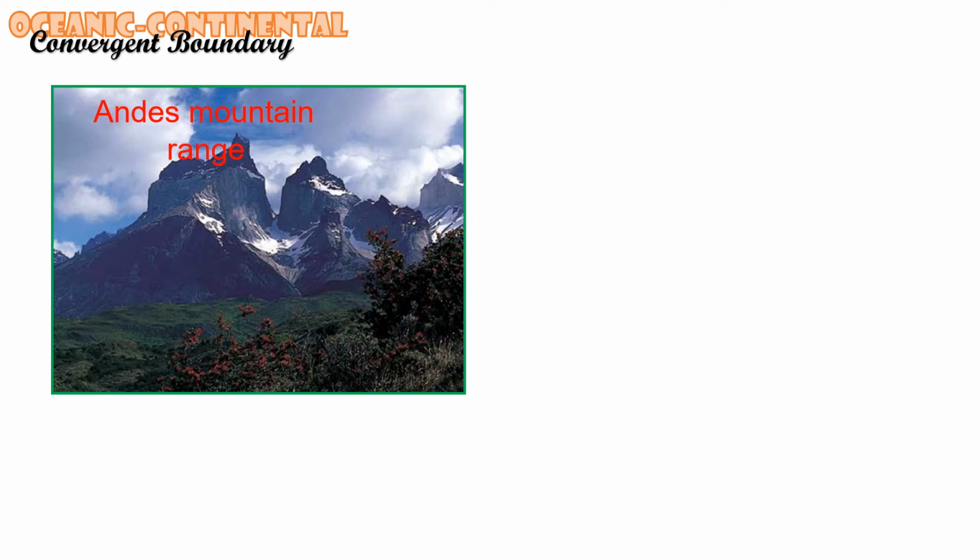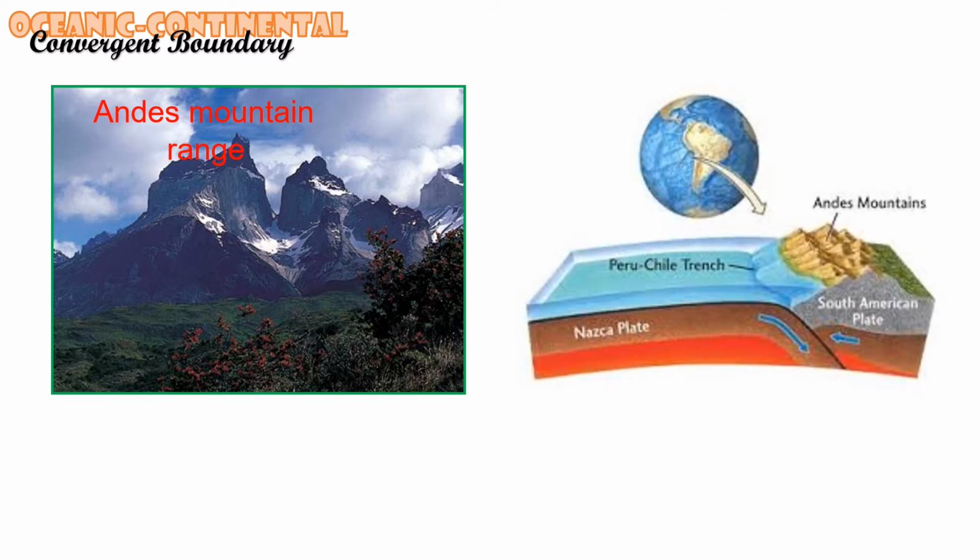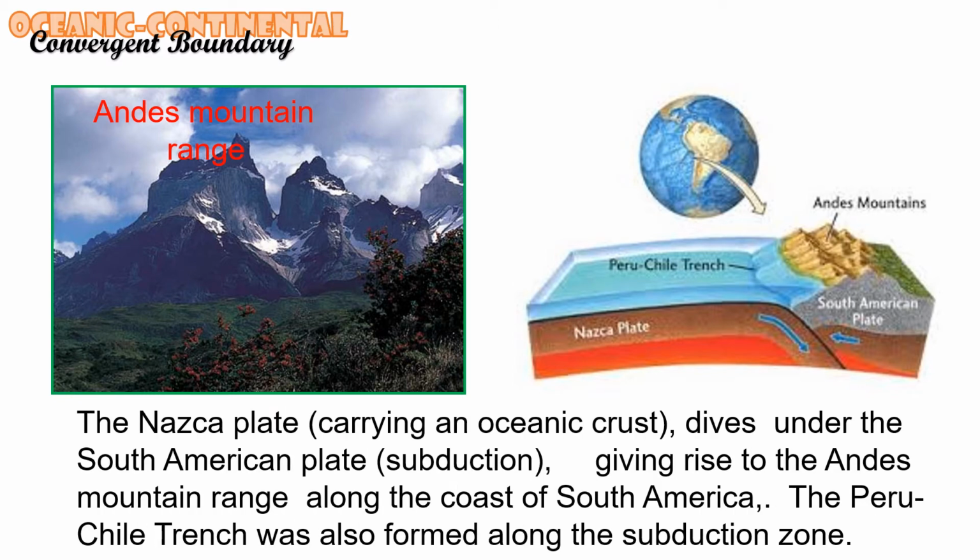An example of a volcanic arc formed at a convergent plate boundary is the Andes mountain range. The Nazca plate carries an oceanic crust, while the South American plate carries a continental crust.